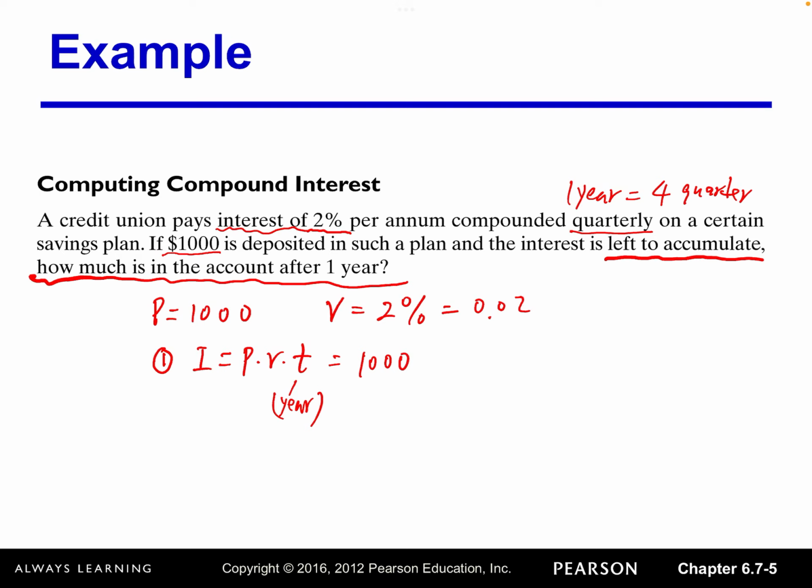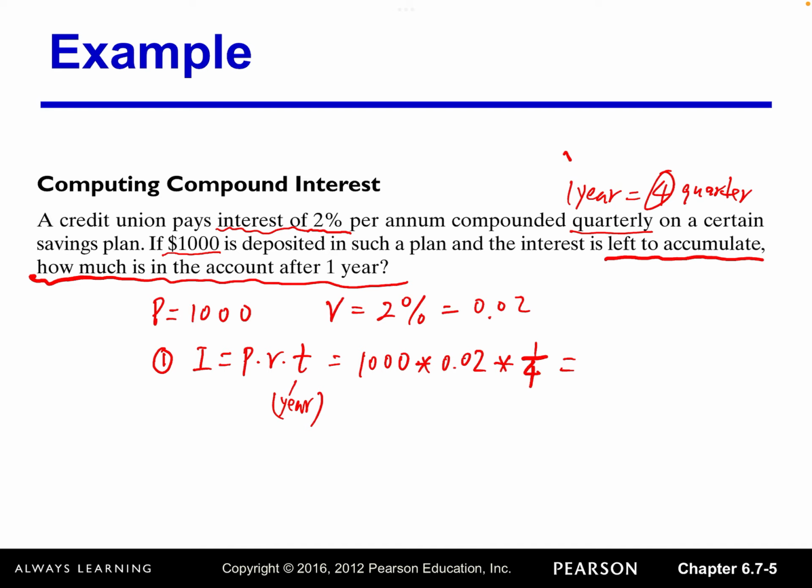Principal is 1,000 times interest rate 0.02, and times T. We talk about the quarter, right? Every quarter the interest is compounded. So 1 quarter is 1/4 of a year, because 1 year has 4 quarters. That will calculate how much interest we made in the first quarter.